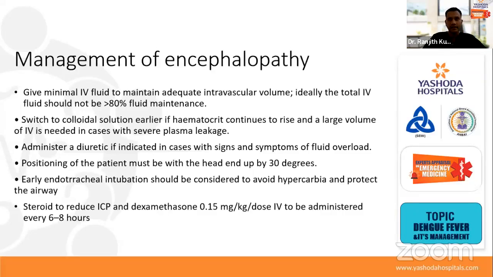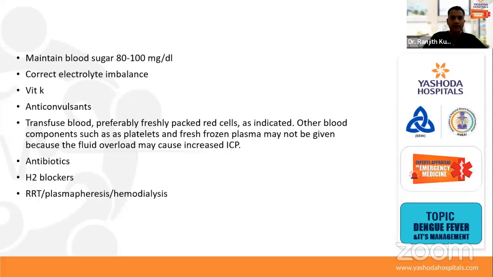Diuretics, head end elevation, neuroprotective measures, avoid hypercarbia, early intubation, steroids, maintaining sugars between 80 to 100, electrolyte corrections, vitamin K administration if required, anticonvulsants if the patient seizes, antibiotics if the patient develops any secondary infection, proton pump inhibitors, or ultimately any continuous renal replacement therapy.